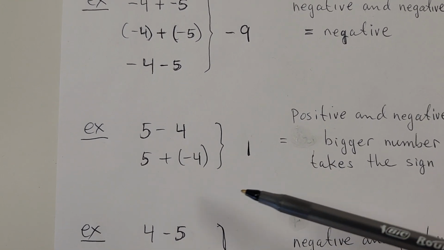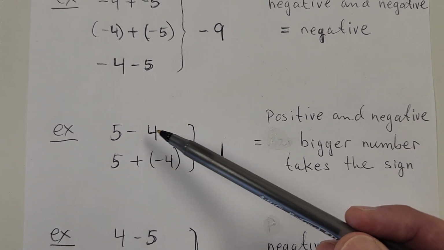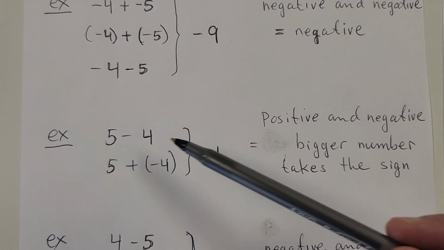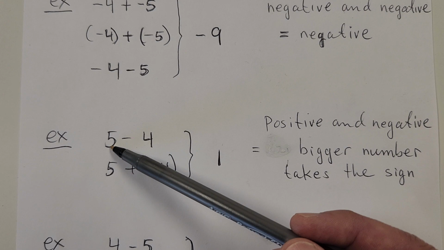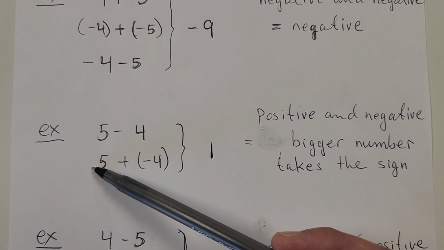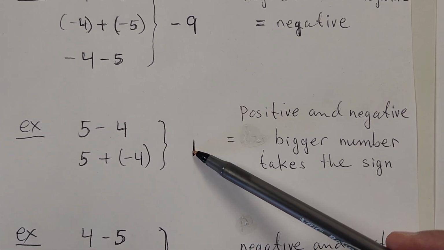So in general, a negative plus a negative will give me a negative answer. The next example, where you have positive and negative. However, the bigger number is positive, so it stays positive as an answer. So 5 subtract 4, or positive 5 plus negative 4, is positive 1.